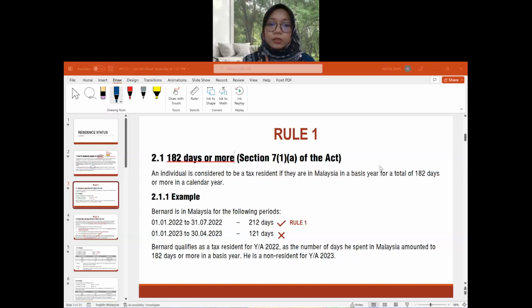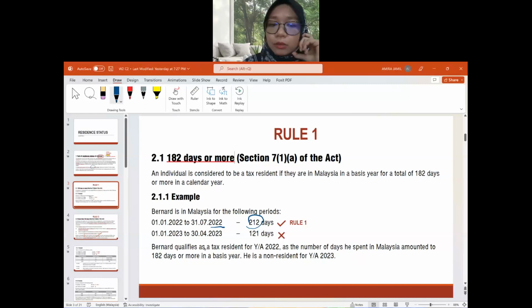For example, Bernard is in Malaysia for the following periods. In the year of assessment 2022, he is in Malaysia for 212 days. So it's more than 182 days, meaning under section 7(1)(a), Bernard is a tax resident.